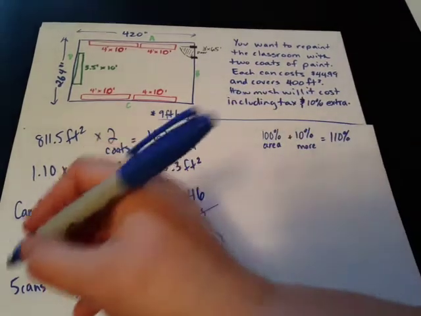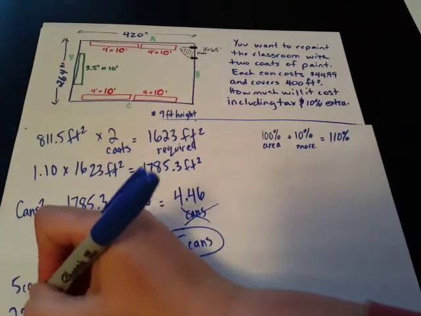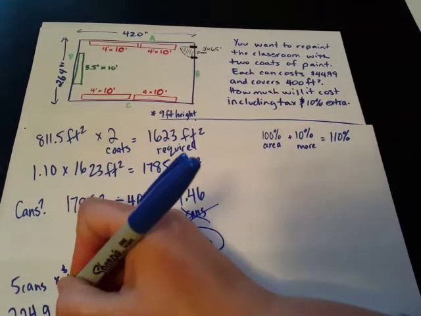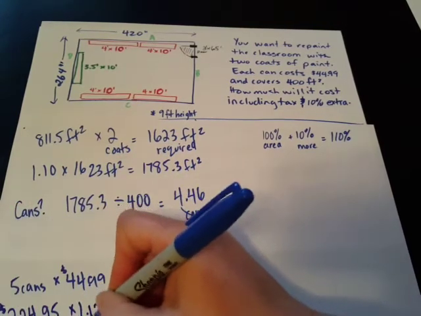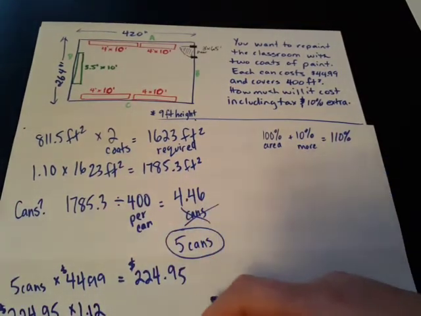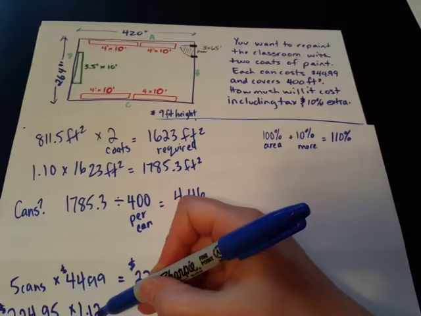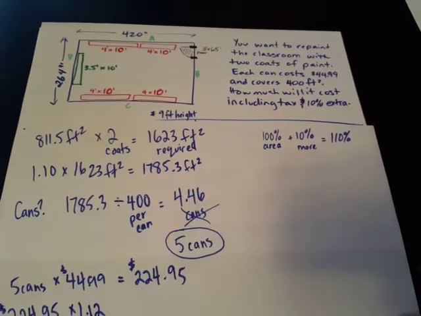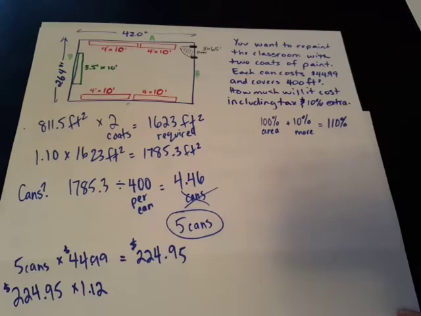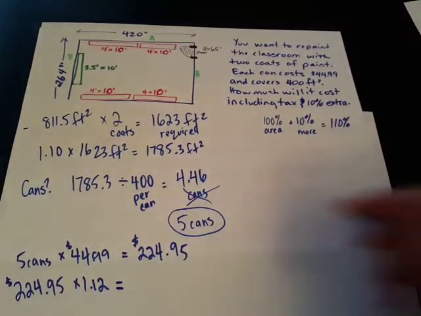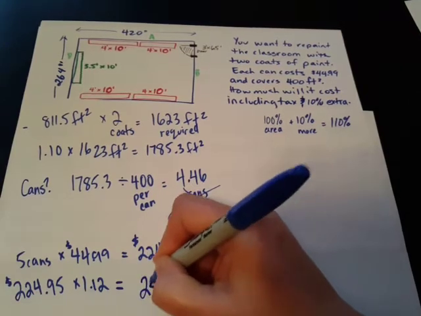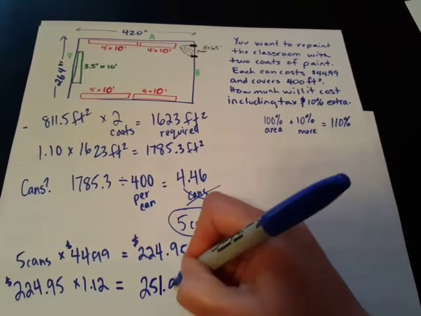And then we have tax. So 12% tax in Manitoba at the moment. So it's 100% of the price and 12%. And so final answer, $251.94.